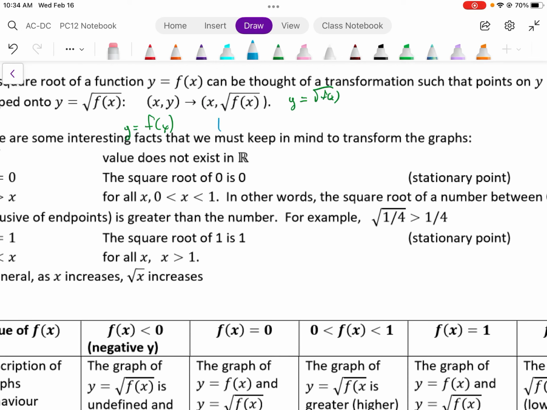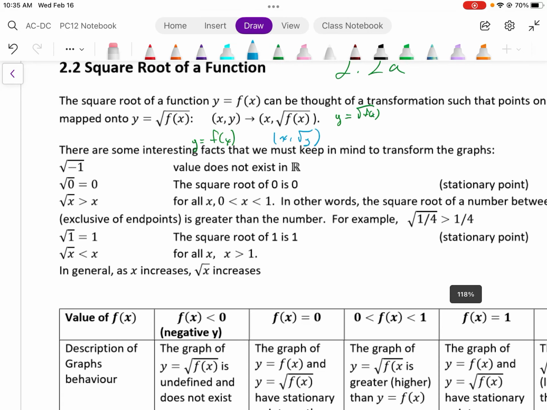Or, probably simpler, (x, y) maps into point x comma square root y. So really, to get the image point, we just have to keep the x the same and take the square root of the y coordinate.